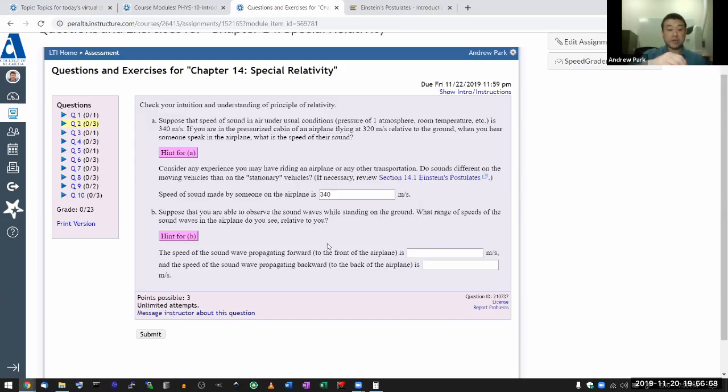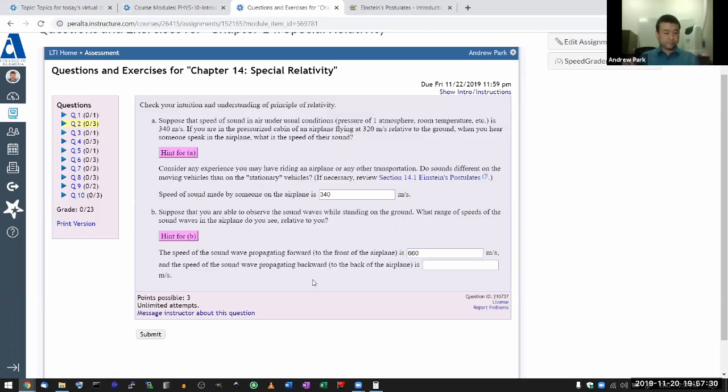So if you are standing on the ground and observing the sound waves in the airplane, then you will see those waves propagating at different speeds relative to you on the ground. So a sound wave propagating forward will be faster by this speed here. So it'll be 340 plus 320. It'll be 660 meters per second.